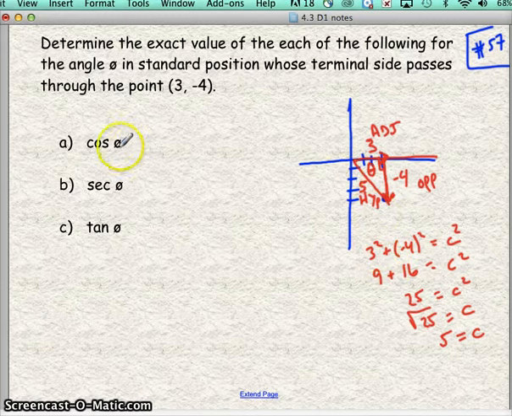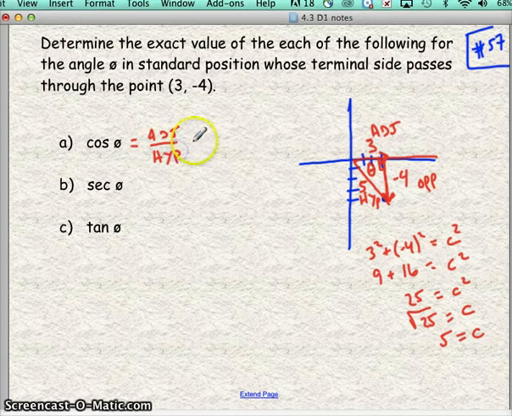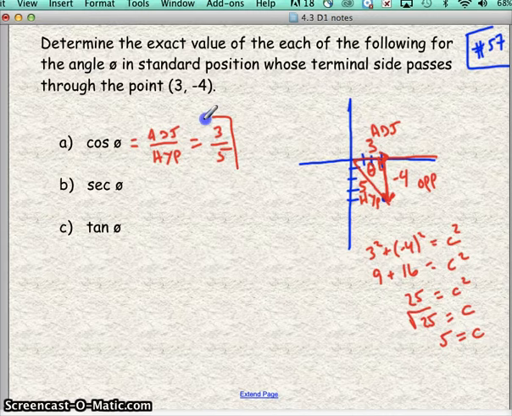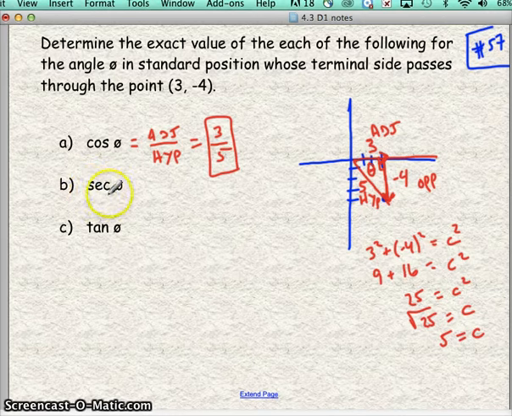So now we're going to find cosine. Well, cosine is adjacent over hypotenuse. So in this case, the adjacent side is 3 and the hypotenuse is 5. Then we're going to find secant. One thing to remember is that secant is the reciprocal of cosine.